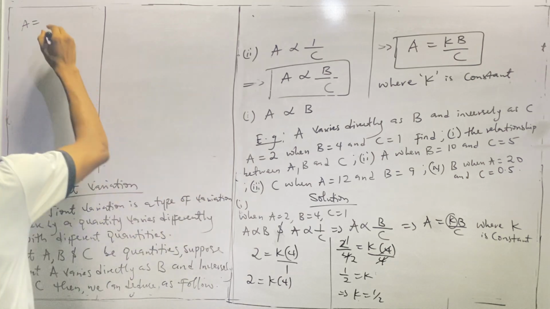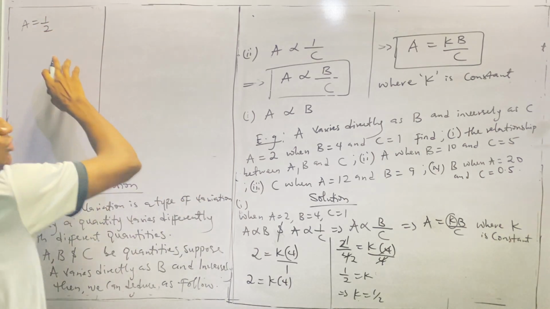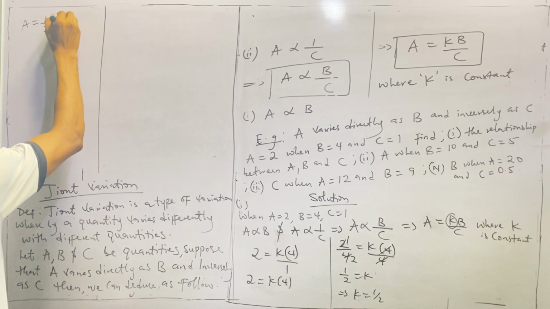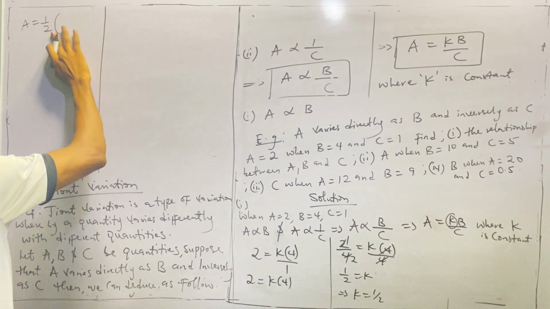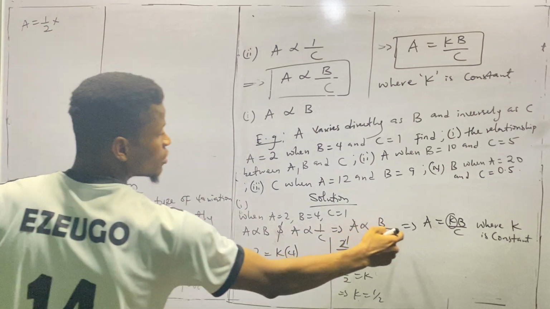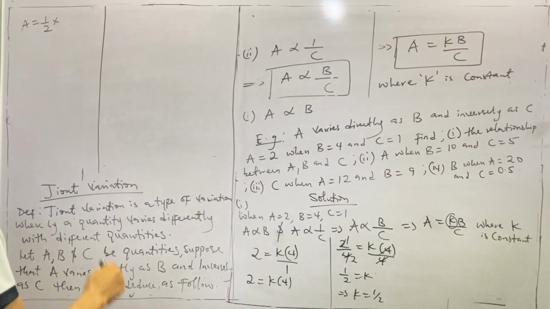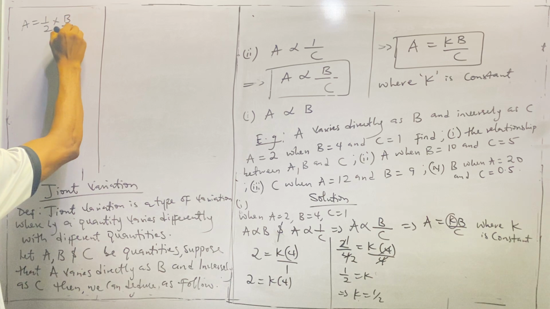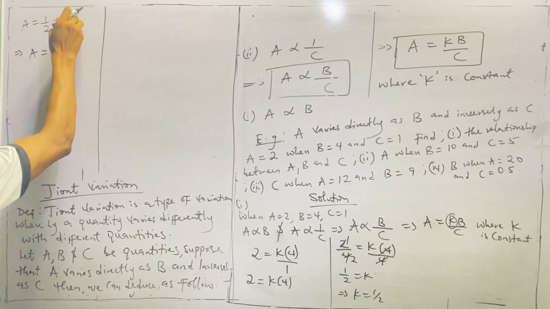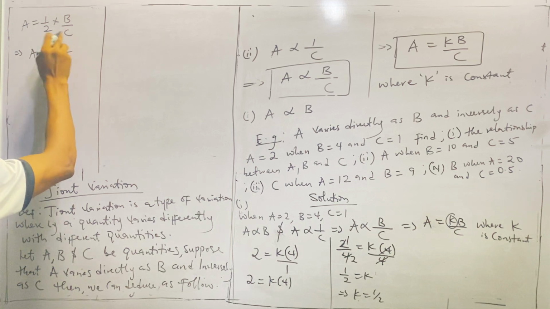Our K is 1 over 2, half, times B over C. So if we multiply it, 1 times B is B over 2 times C.